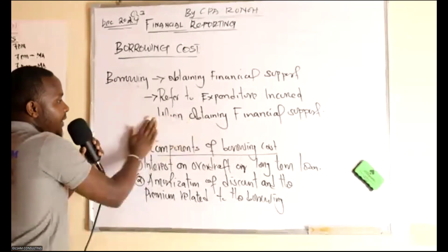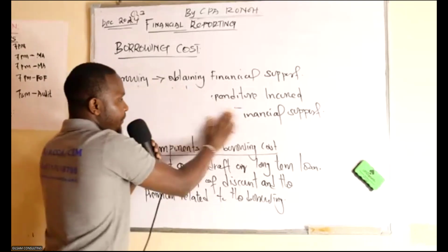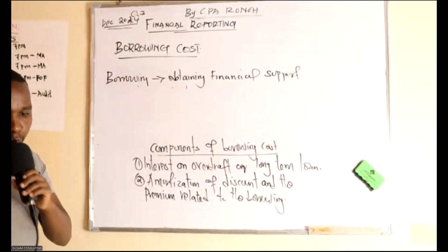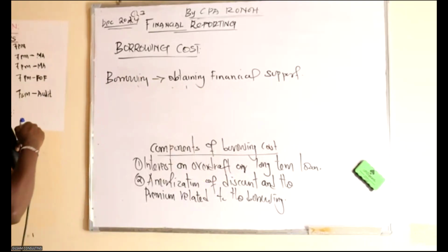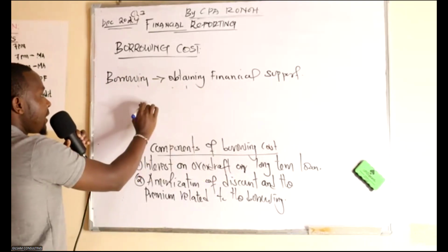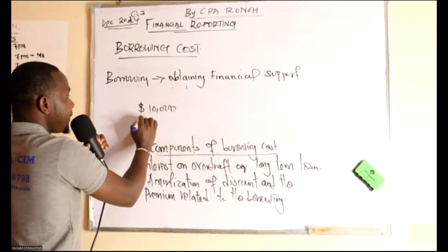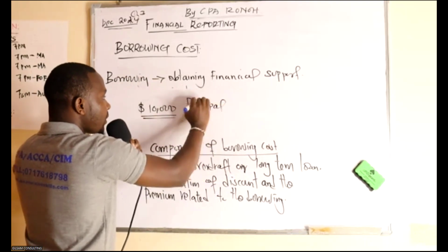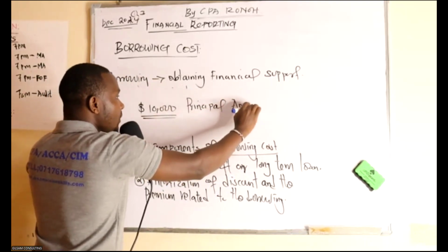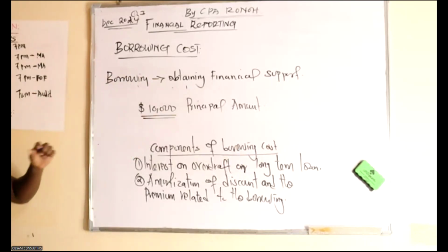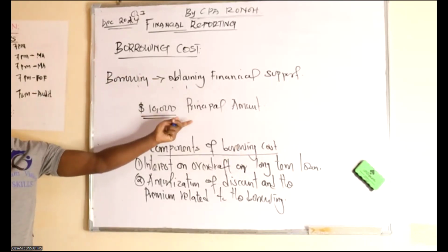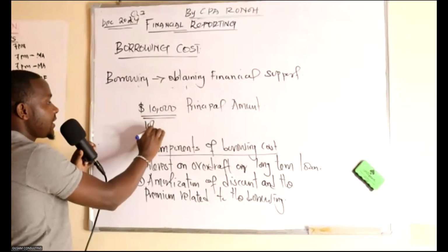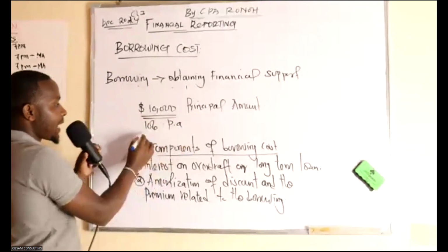So you'll find that, for example, if you go to the bank, they will give you the loan, but they still give you a discount. So for example, they say we are giving you $10,000 as the principal amount, and then they will give you also the interest.